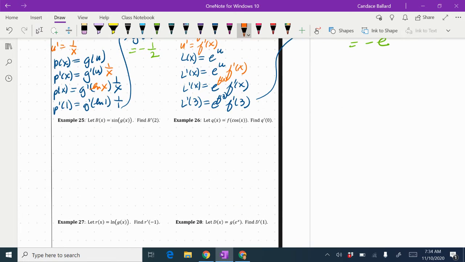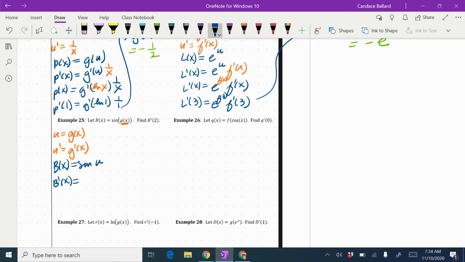All right, the u in example 25 is the g of x. So u equals g of x, which means that u prime equals g prime of x. And then my new b of x is going to be sine of u. I'm going to take the derivative of it.